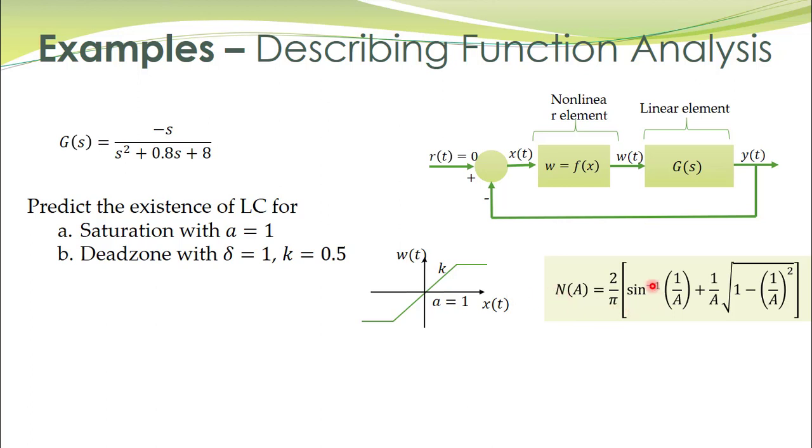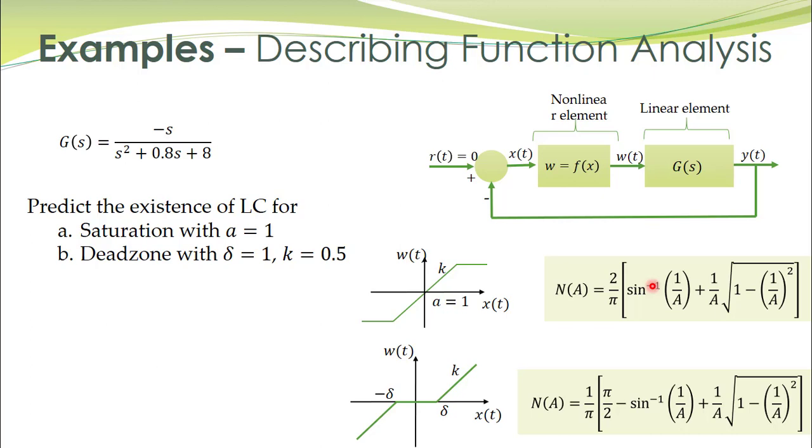We have derived it in a previous lecture. And here is the dead zone nonlinearity, with delta equal to 1 and slope equal to 0.5, and we have also derived the describing function for this nonlinearity in our previous lectures.